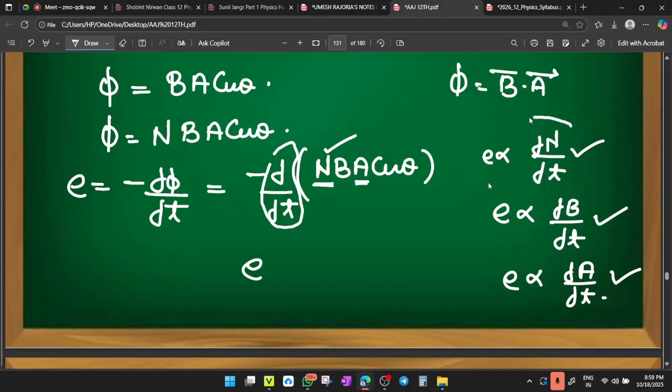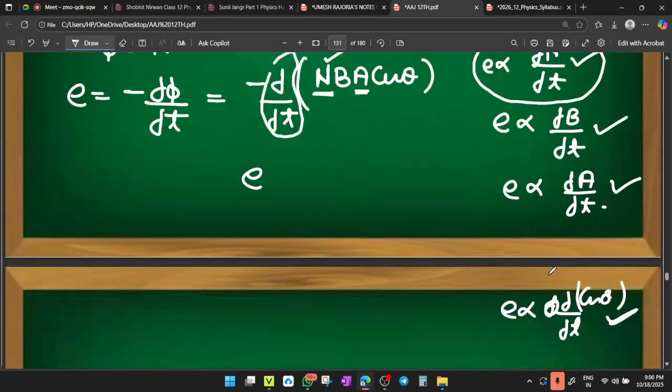Okay, we don't have to deal with changing the number of turns because it is not easy to change the number of turns continuously to produce an EMF. But the remaining things are very easy. You can alter dB by dt, your magnetic field also. You can vary your area also, and you can vary the angle also.